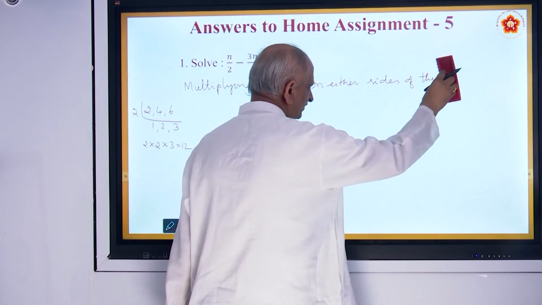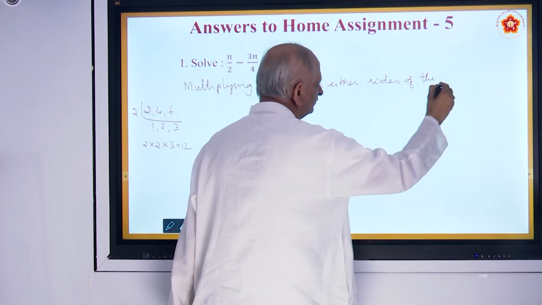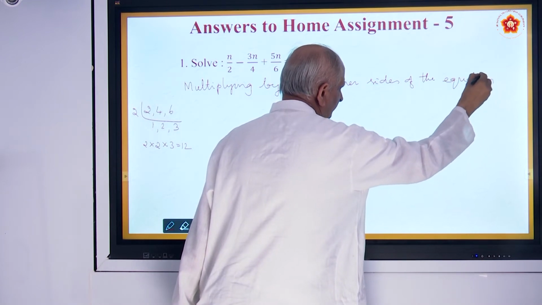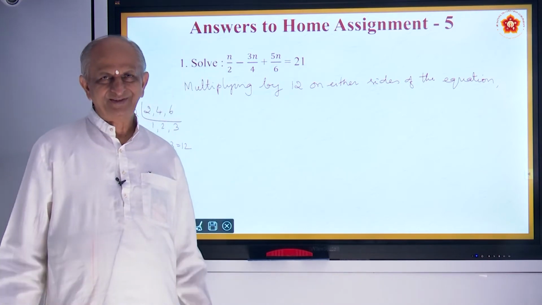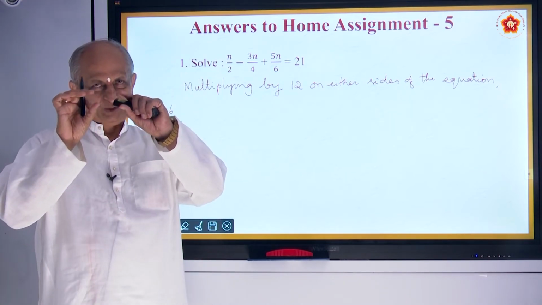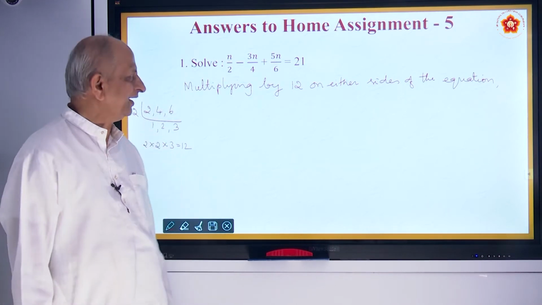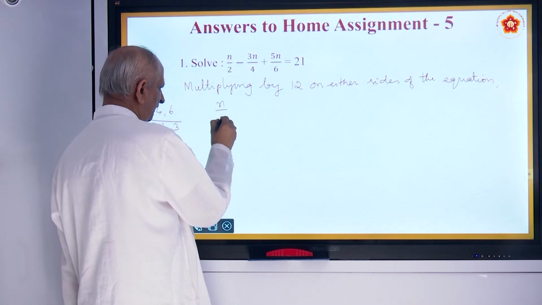Why should you do it on either side? Otherwise the value gets changed, is it not? What is an equation? Any two terms or expressions, when we use the equals sign between them, is called an equation. Now, first step, n by 2 is there.